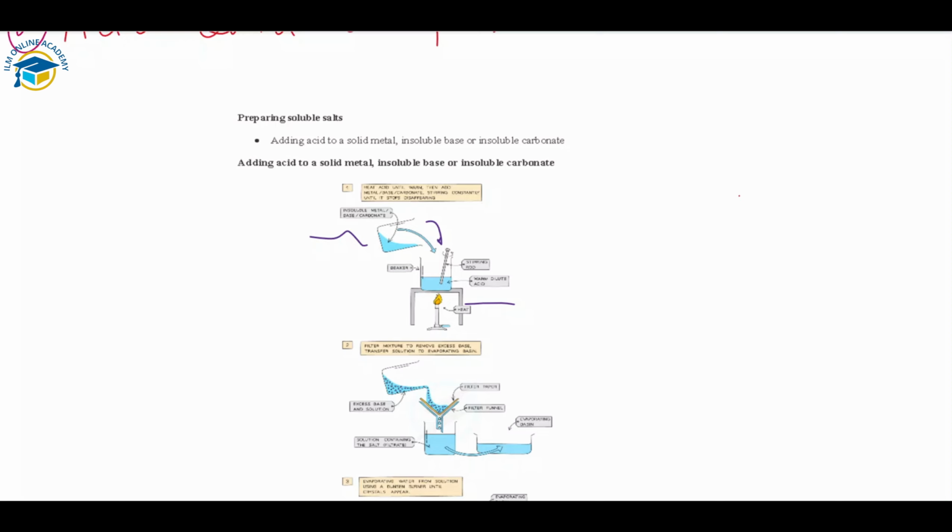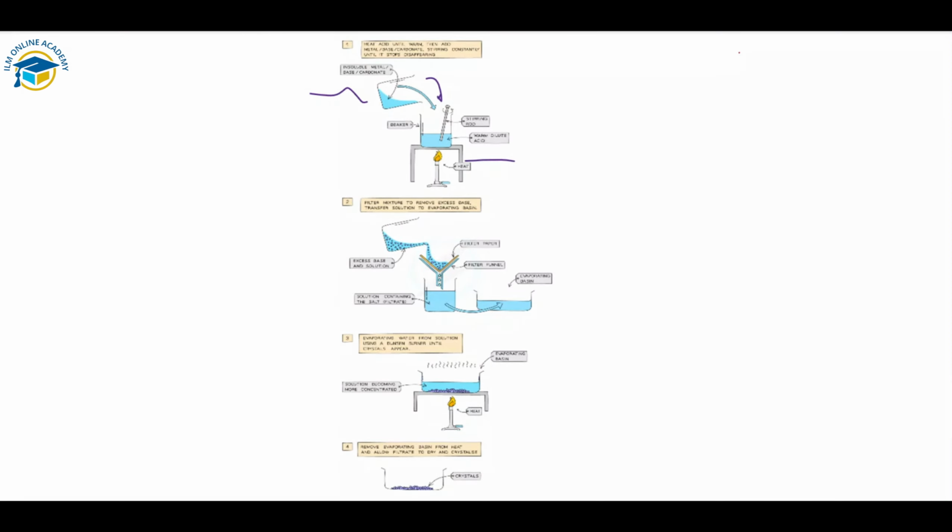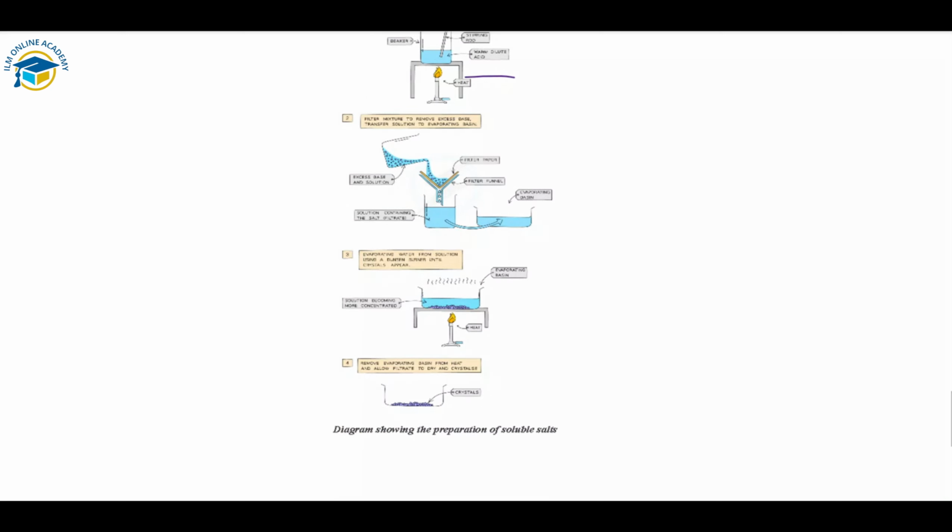Then the second step will be here. You can see the second step is to filter the mixture to remove the excess solid, filtering into the evaporating basin. So the third step for the preparation will be to heat the solution to evaporate water and to make the solution saturated.